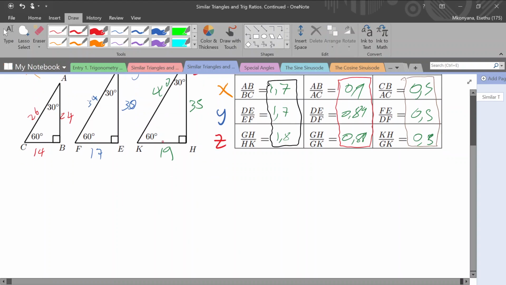As long as the angles here are the same, and the angles there are the same, and this 90-degree angle here, as long as all these angles are the same, then we will get this consistency. So if I change that angle to 70 for one triangle, then the ratios won't be the same as those of these triangles. If I change it to 61, they won't be the same because this is going to be 61, and that's going to be 29.